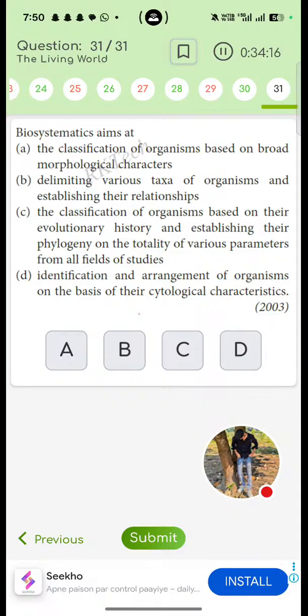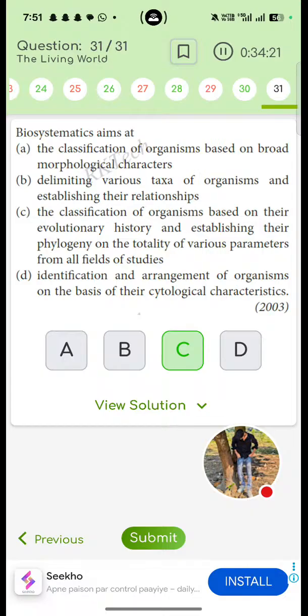According to me, option C. Biosystematics aims at the classification of organisms based on their evolutionary history and establishing their phylogeny on the totality of various parameters from all fields of studies.